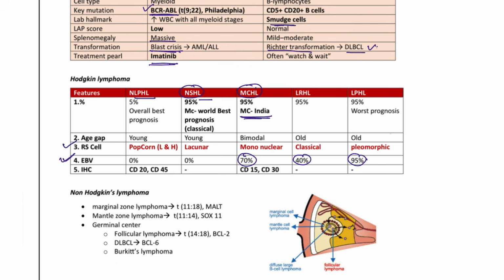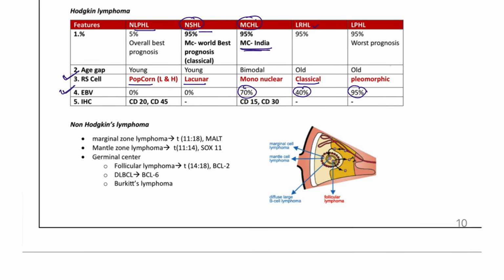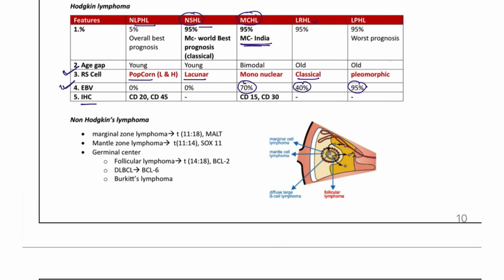And the Reed-Sternberg cells, popcorn type, will be seen in NLPHL, and NSHL will be the lacunar type. Classical type will be seen in the lymphocyte rich lymphoma types. These are the important points and immunochemistry that you have to remember.